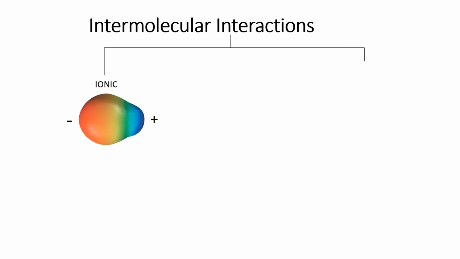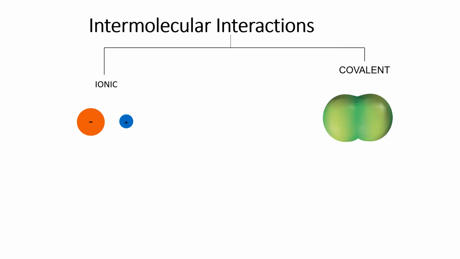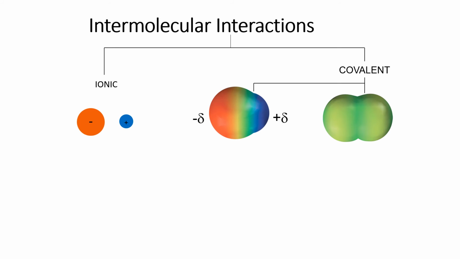Let's study these intermolecular interactions. I remind you again that ionic compounds can exist as separate plus or minus ions, and covalent bonds can have small molecules, which may be polar covalent or non-polar covalent. Polar covalent compounds have positive and negative ends.